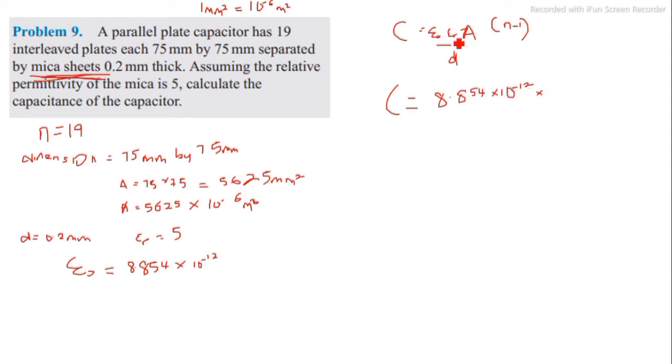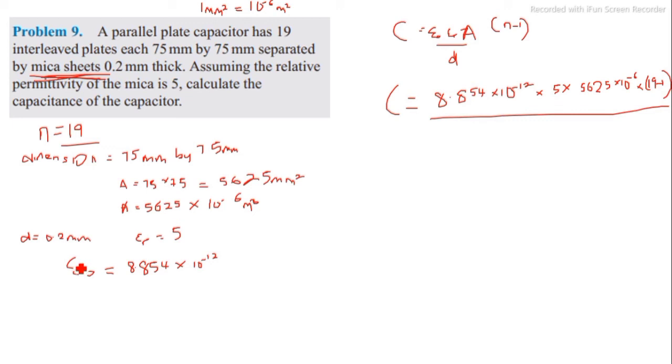times epsilon r, the relative permittivity, which is 5 for mica, times the area, which is 5625 times 10 to the minus 6, then times n minus 1, where n is 19 plates, so 19 minus 1, then divided by the distance.